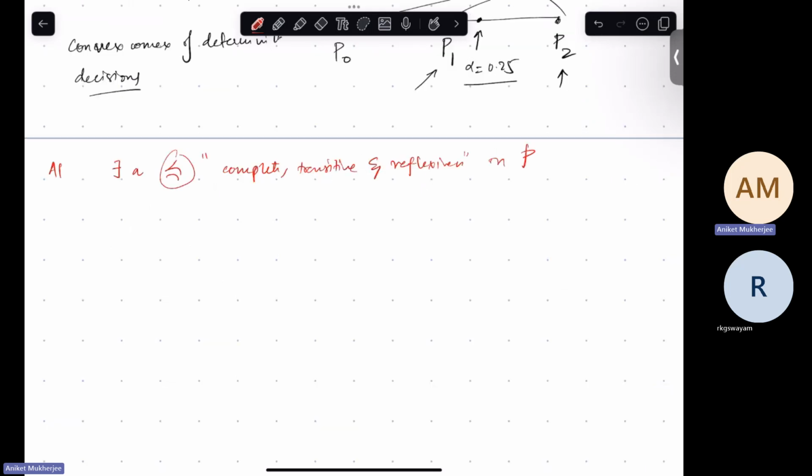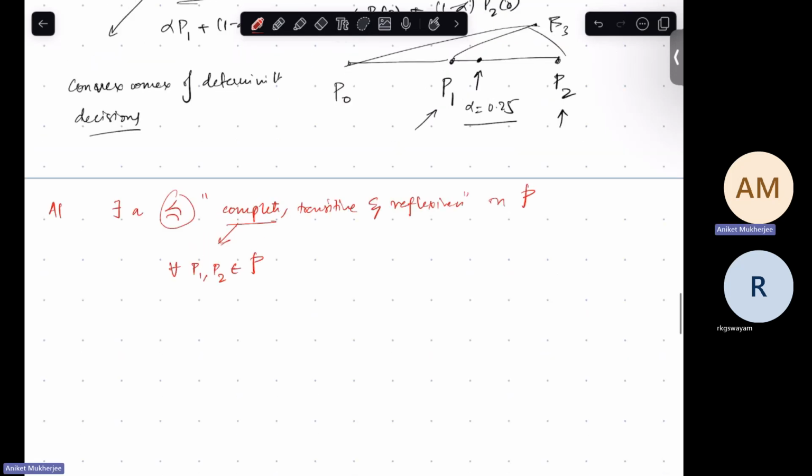Now, this ordering just exists. When I say it's complete, I mean for all P1, P2 belonging to P, any 2 points you take from the set P, either P1 is less than or equal to P2 or P2 is less than or equal to P1.